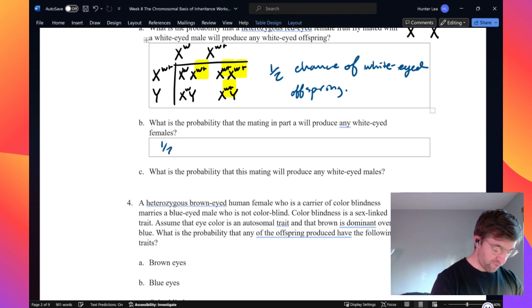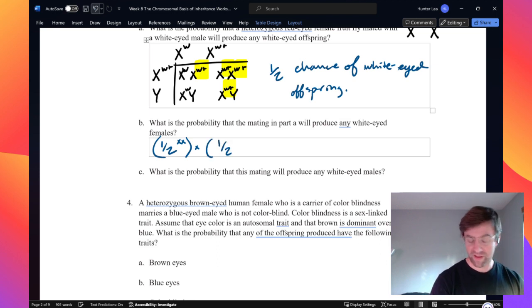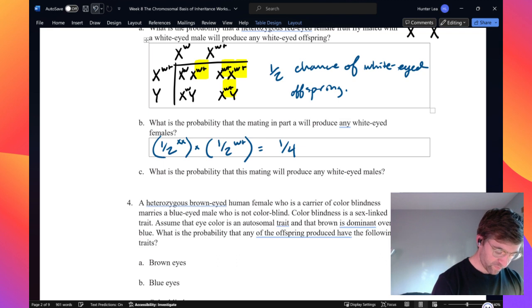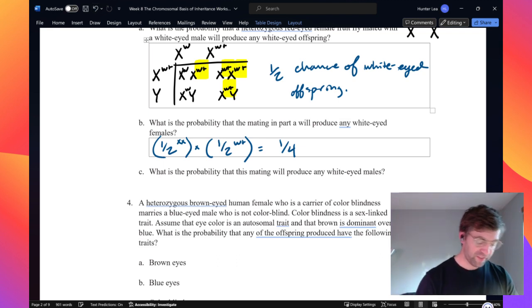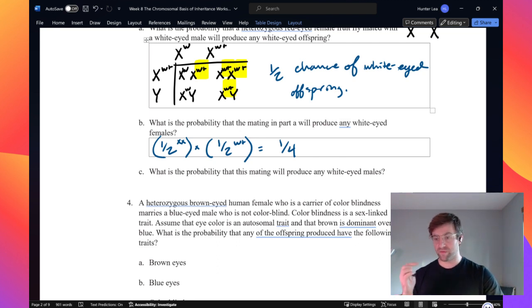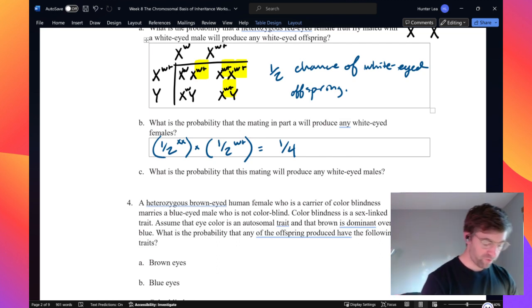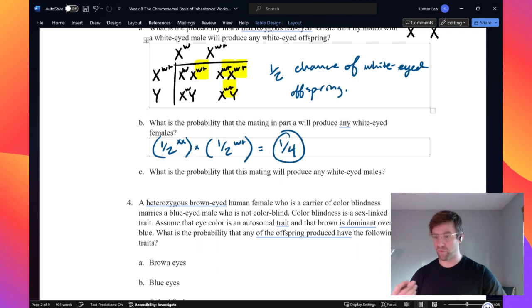We know that 50% of all offspring will be female, and we know that 50% of all offspring will express that mutant gene. Therefore, the probability that the mating pair will produce a white-eyed female is 1 in 4. So that's how you would do the math without doing the Punnett square, if you were just given those raw numbers.